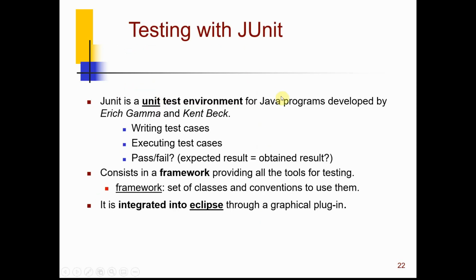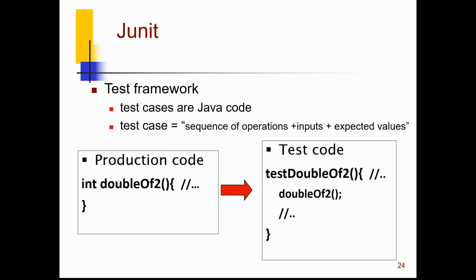Okay, let's see testing with JUnit. JUnit is a unit test environment for Java programs. If you use Eclipse, it is already in there. When you download Eclipse, JUnit is already there. So this gives you the test framework. Suppose this is the production code, a method called double of 2.